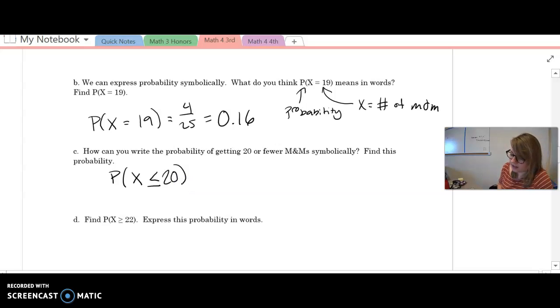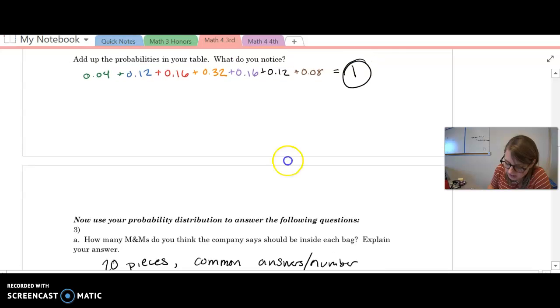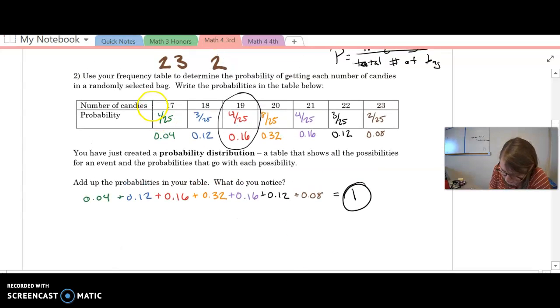So now we need to find this probability. We need to find the probability of having 20 pieces, 19, 18, and 17. We know all of that, and we have it right here.